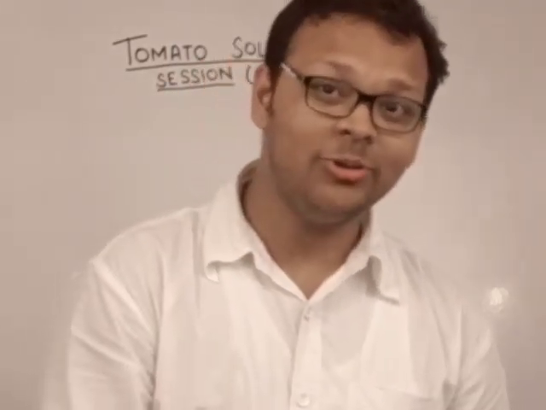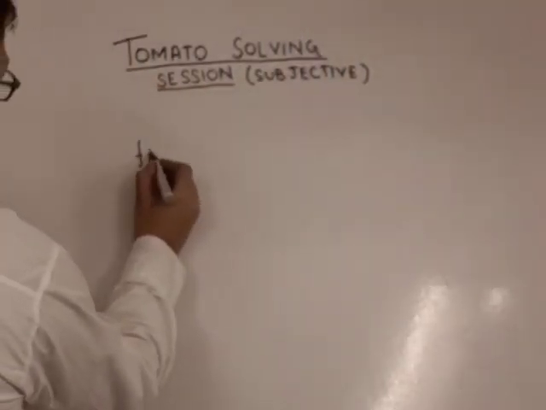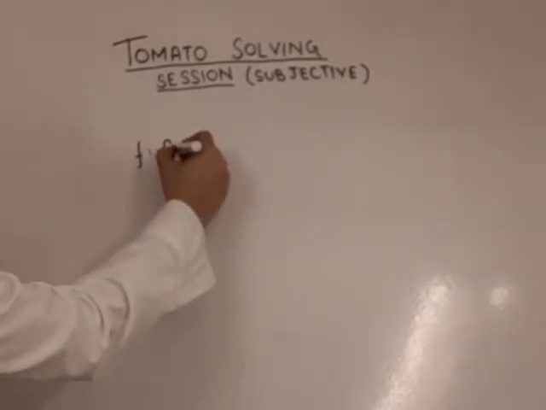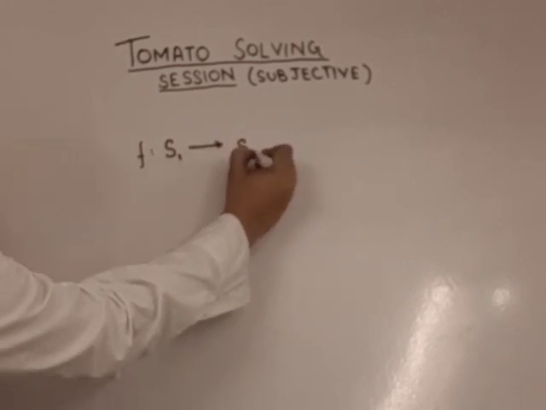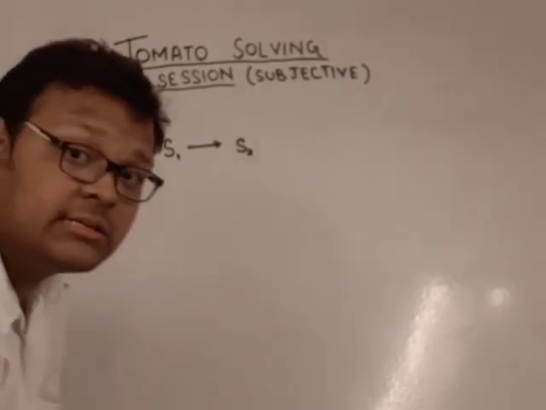I hope that these technical terms are not very clear to you. Whenever I write a function f, functions are usually denoted by f. This function f is usually defined from set 1 to set 2, where set 1 has some elements and set 2 has some elements.